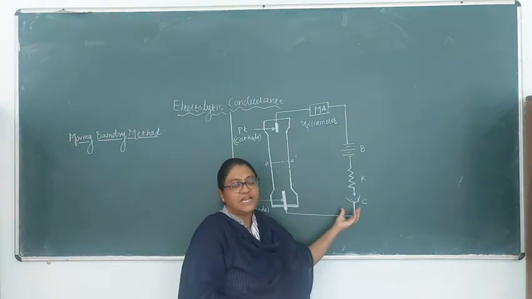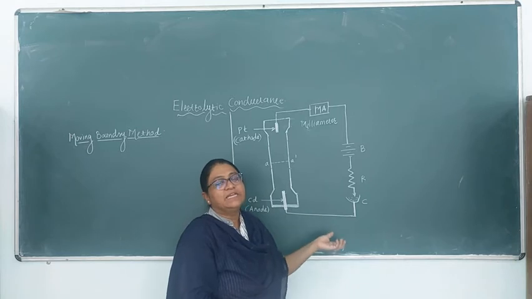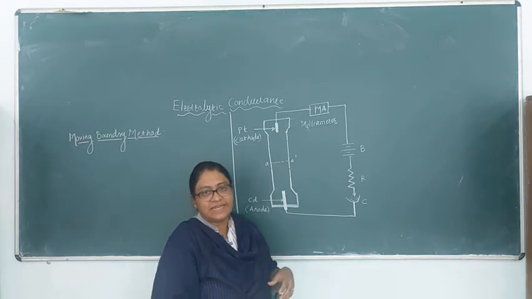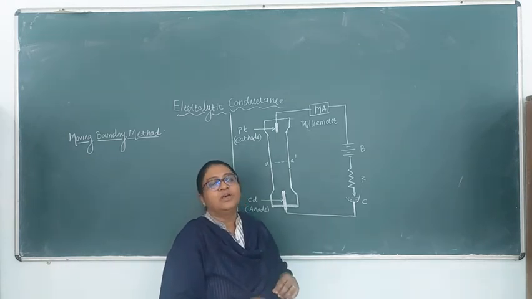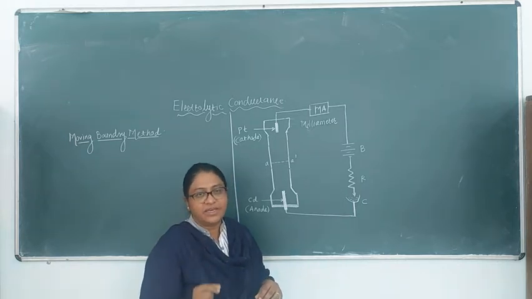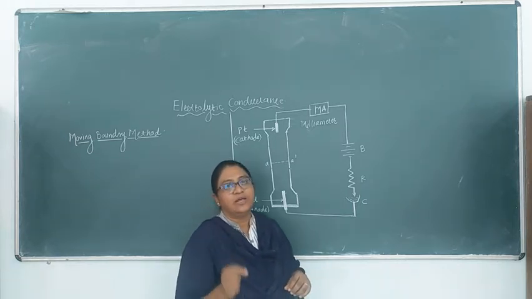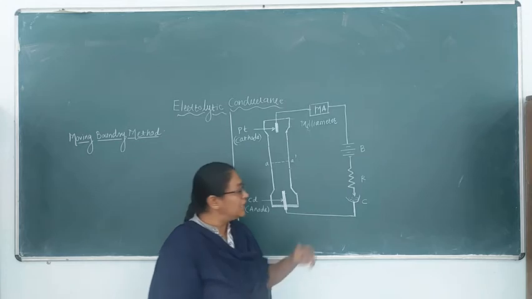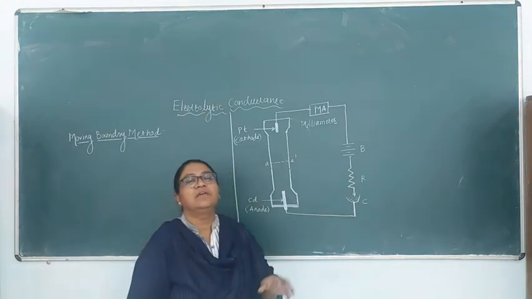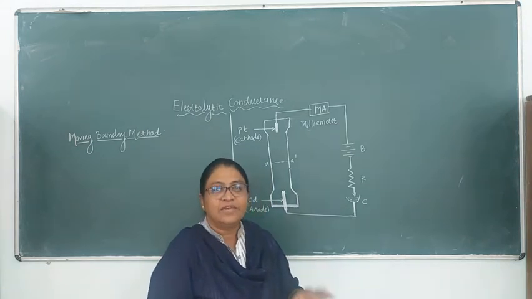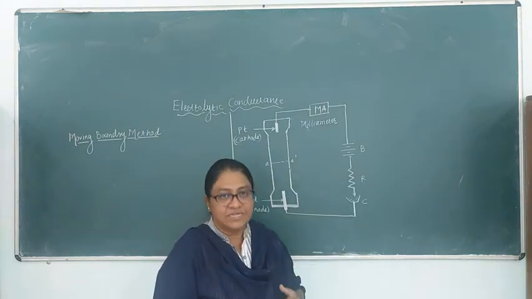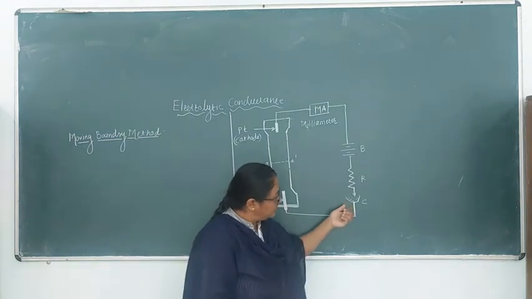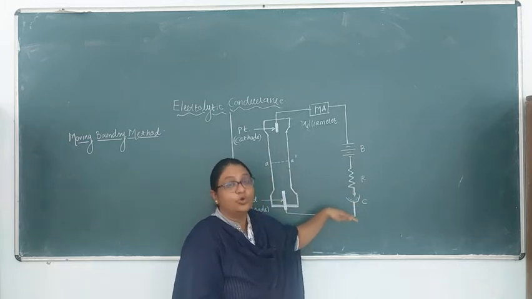The coulometer consists of a very clean platinum dish, and in that dish a solution of silver nitrate is taken, and in that silver nitrate solution a pure silver rod is inserted, which acts as the anode, while the platinum dish acts as the cathode. Whenever you pass electricity through this coulometer, silver is deposited on the cathode and not the anode.